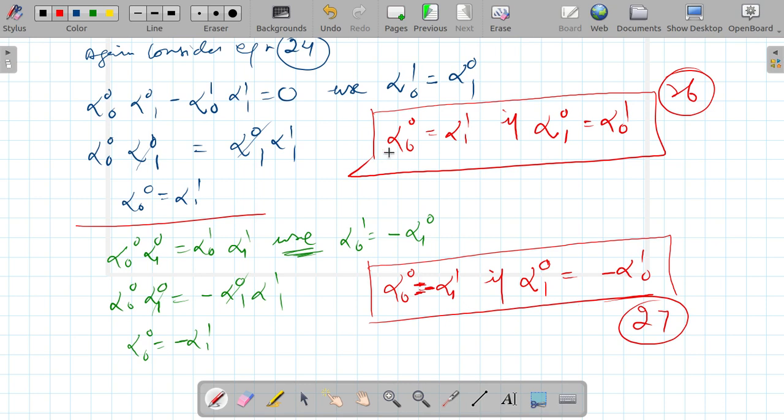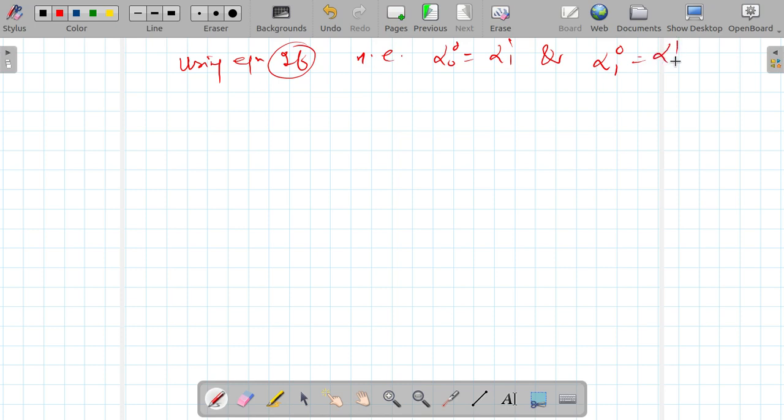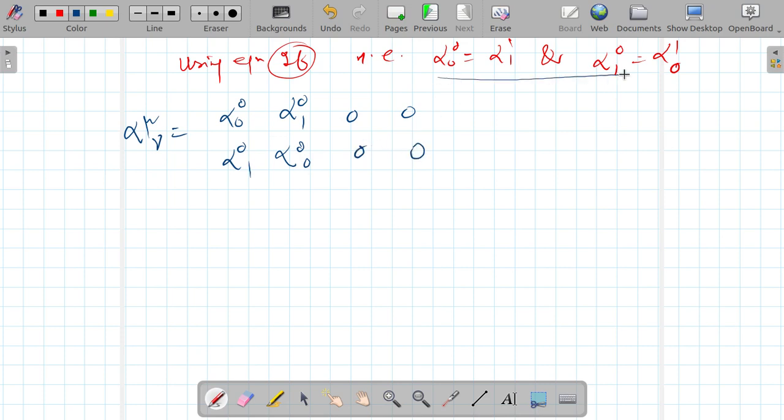Now I will consider only equation number 26. So using equation 26, that is alpha 0 0 is equal to alpha 1 1 and alpha 1 0 is equal to alpha 0 1, the matrix alpha mu nu can be written with alpha 0 0, alpha 0 1 in the first row, alpha 0 1, alpha 0 0 in the second, and then 0 0 1 0 and 0 0 0 1 for the remaining entries. They look identical, keeping this fact in mind.